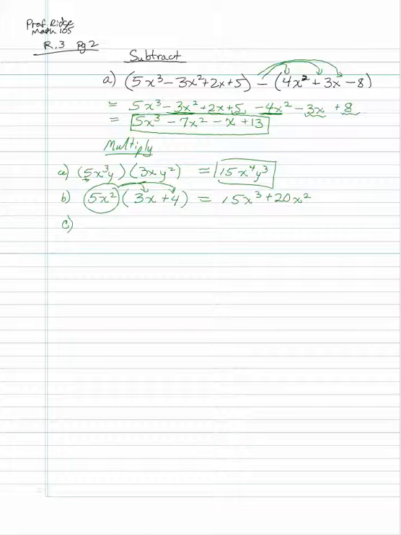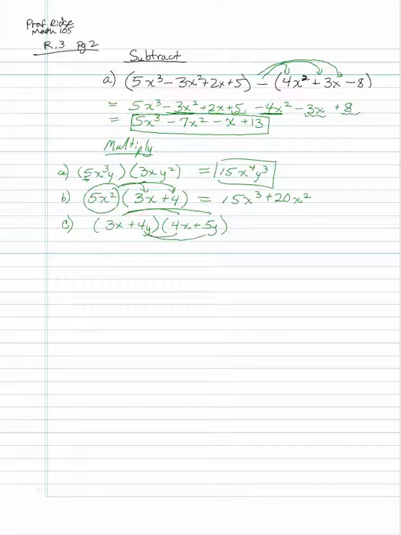And then of course if you do a binomial with a binomial, we're going to FOIL. And I kind of like to stay away from saying the word FOIL. I mean, it's kind of ingrained in me too, but we're really distributing.